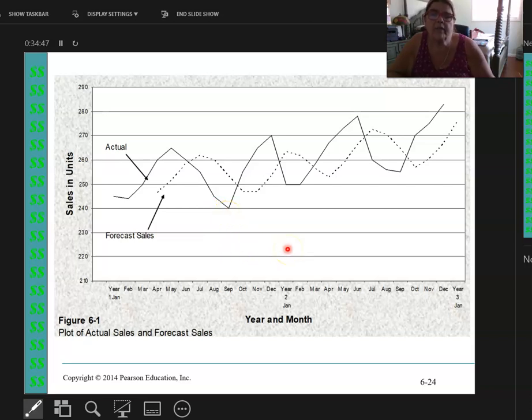When we forecast, we usually forecast pretty conservatively. At least most of us business owners do. I've been in sales for 30 years and I've learned to forecast conservatively because I'd rather be able to make my forecast than not make my forecast. Okay, you guys still with me? I'm hoping so. Next, we're going to go to the weighted moving average model.